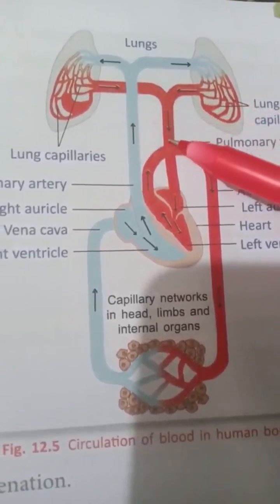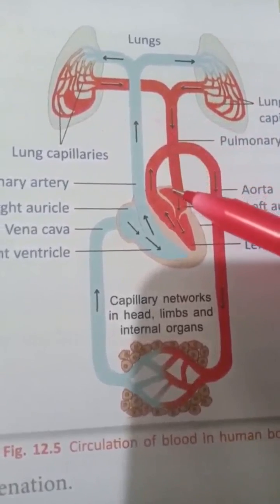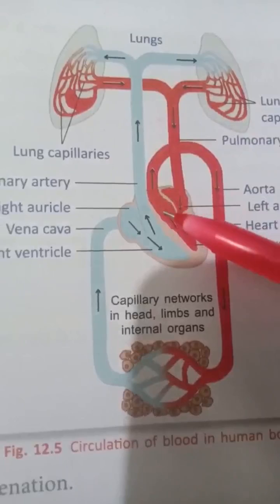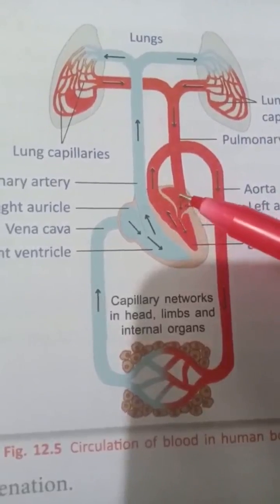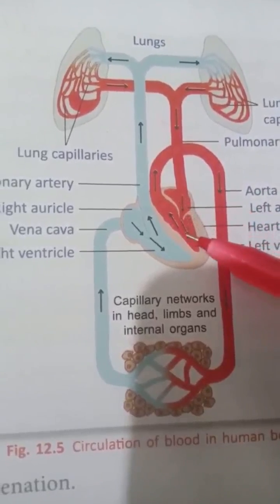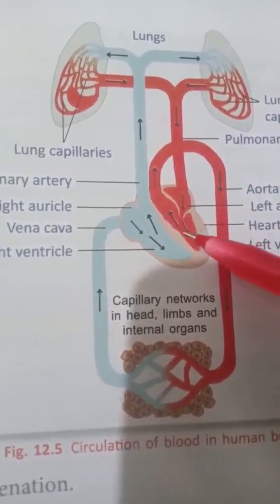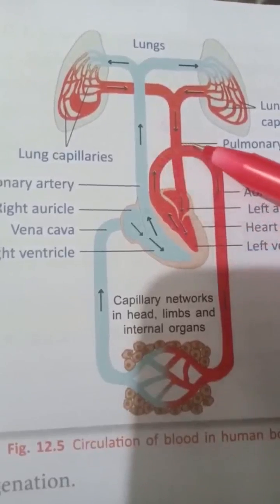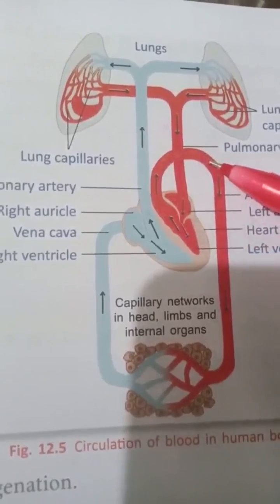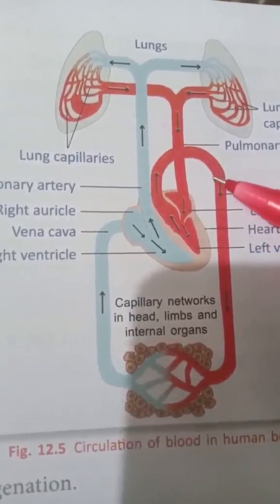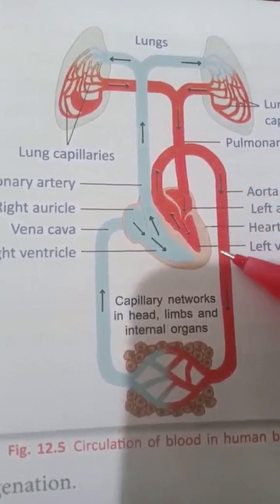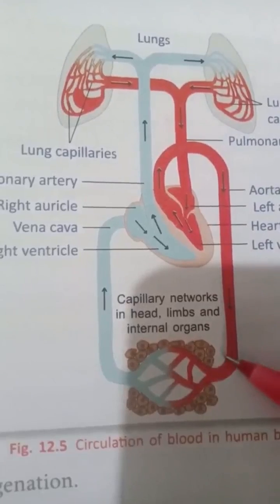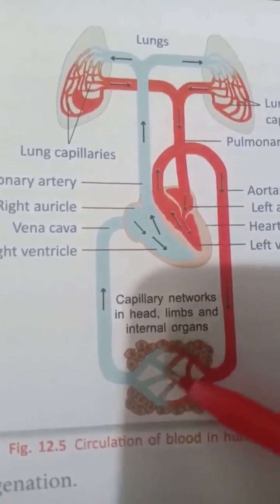This vein collects the blood and passes it to the left auricle. From the left auricle the blood is pushed into the left ventricle, and from the left ventricle the blood is pushed out to the aorta.